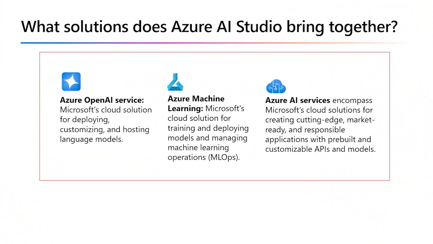Azure OpenAI Service is Microsoft's cloud solution for deploying, customizing, and hosting language models. Azure Machine Learning is Microsoft's solution for training and deploying machine learning models and managing machine learning operations, or MLOps. Azure AI Services encompasses Microsoft's cloud solutions for creating cutting-edge, market-ready, and responsible applications with pre-built and customizable APIs and models.